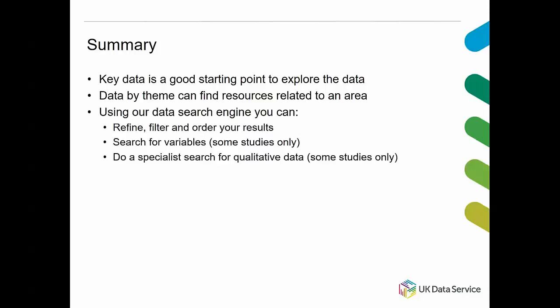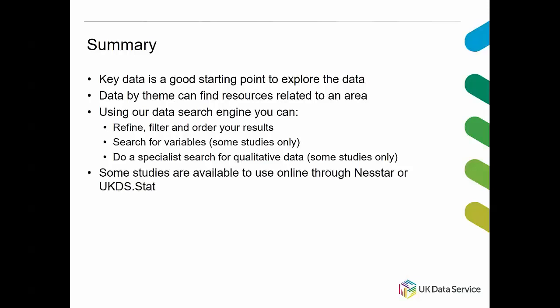You can use our data catalog search engine to look for datasets and further refine, filter, and order your results. You can use it to search for particular variables or questions, and further you can use it to look for qualitative datasets. Some studies that we hold can be analyzed online through Nesta or UKDS Stat software, and most of the other studies are available for download, subject to access conditions, of course.